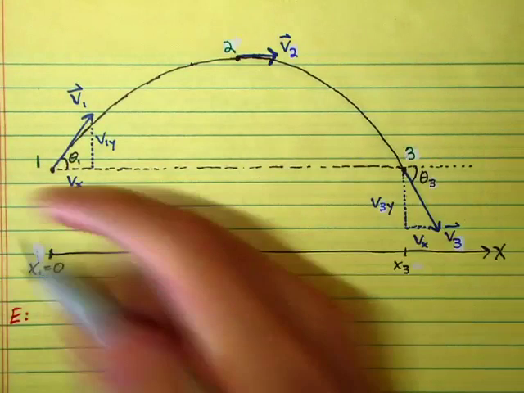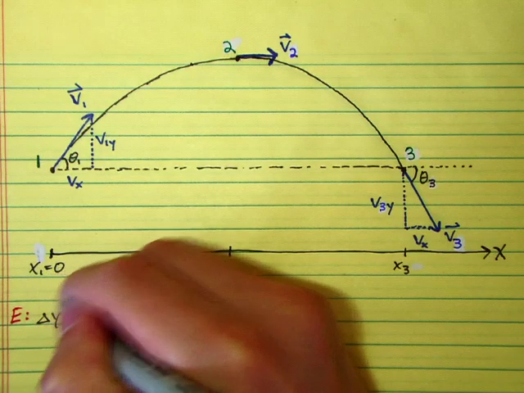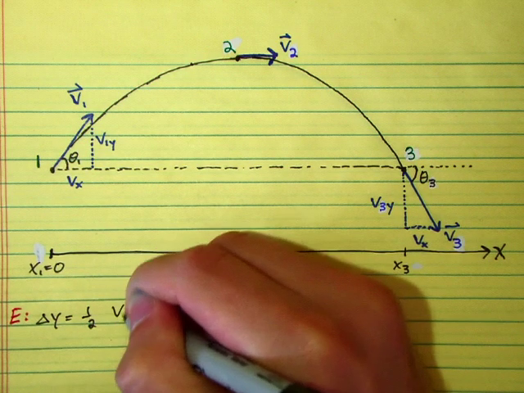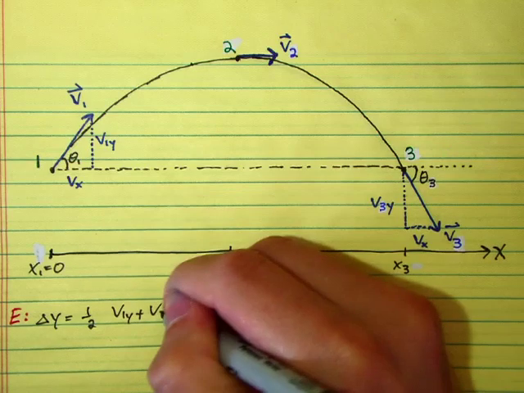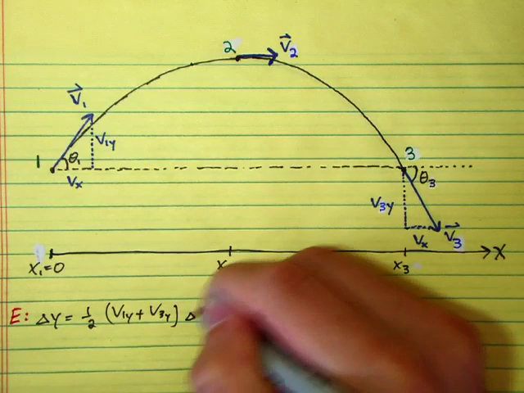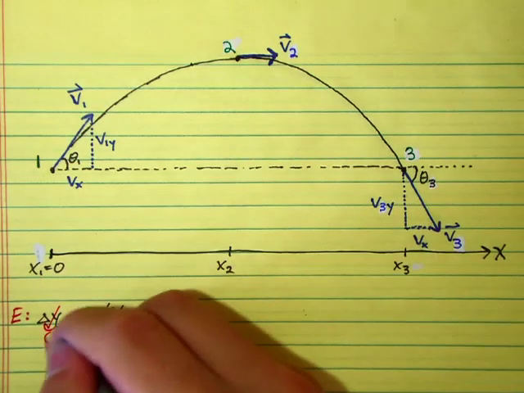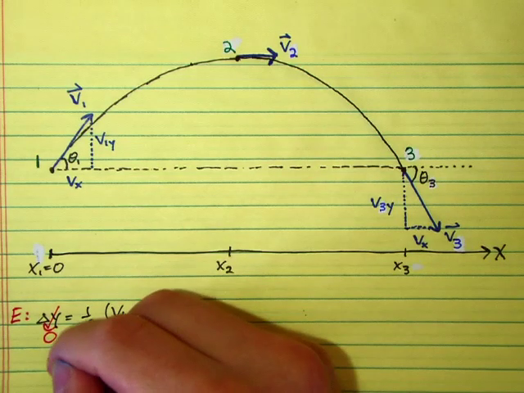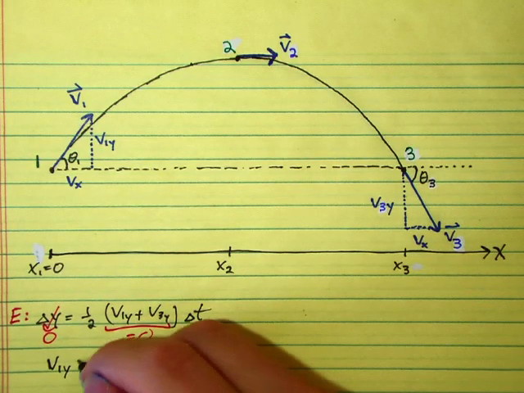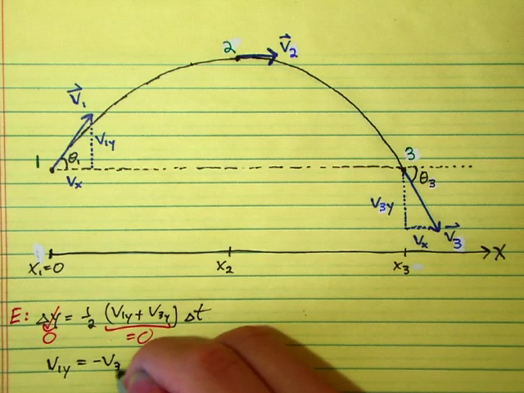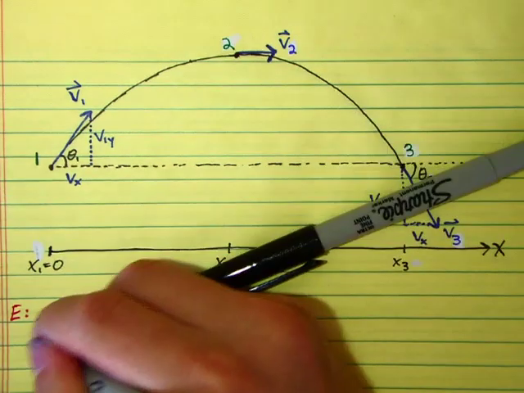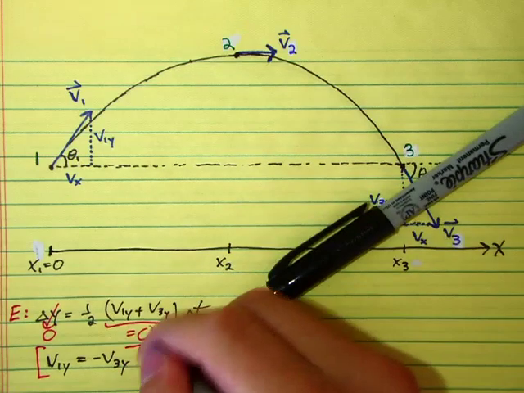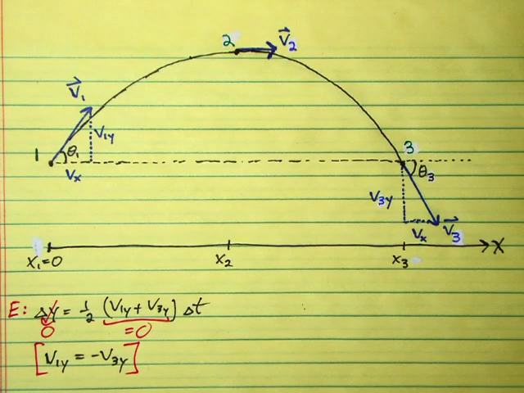So from this equation here, delta y is 1/2 (v1y plus v3y) delta t. That's 0, therefore this is 0. Therefore v1y has to be the opposite of v3y. The y components are equal and opposite.